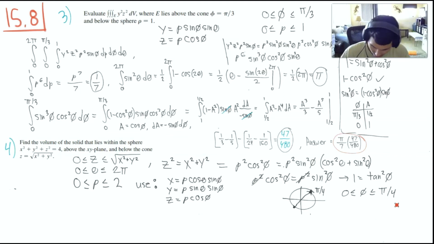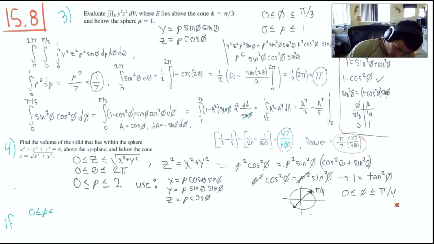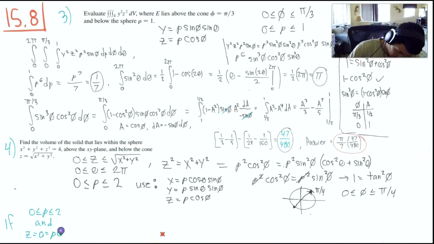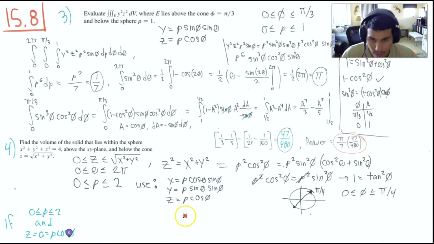So let's just do this in blue now. We say if this is from, and rho is equal to z, which is equal to 0, right? z is equal to 0 right here. That's where I'm getting it from. Which is equal to rho cosine phi. Okay. So how would I make this possible, right?